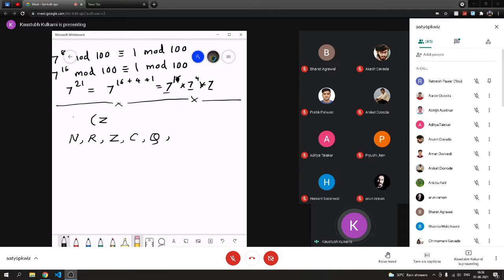Whenever you add a superscript, if I say N plus, it means positive natural numbers, N minus negative natural numbers, Z plus positive integers, Z minus negative integers.